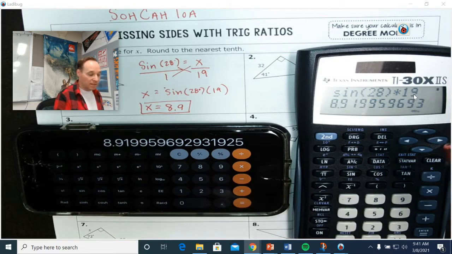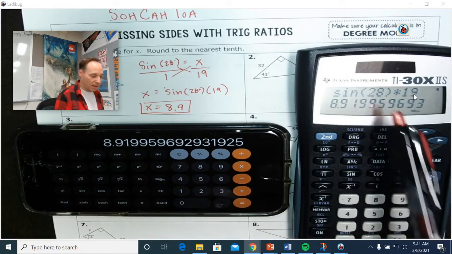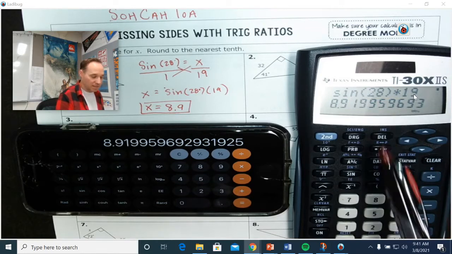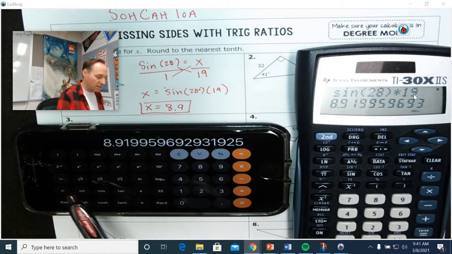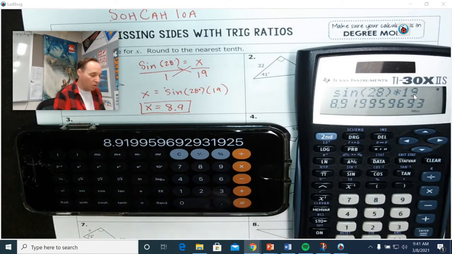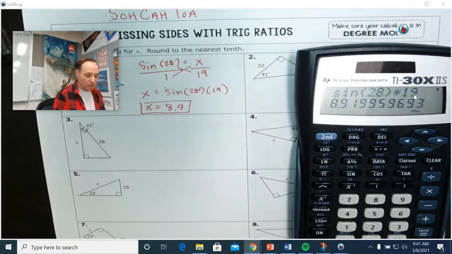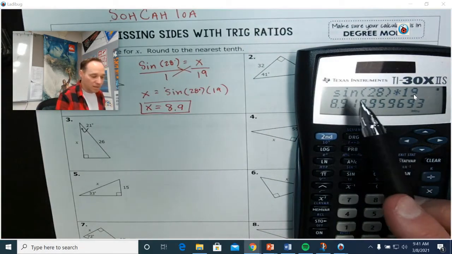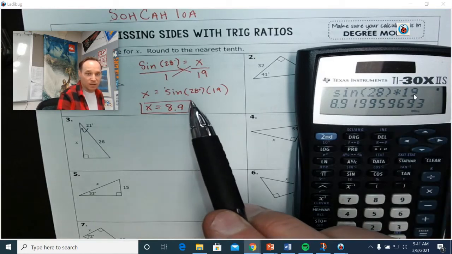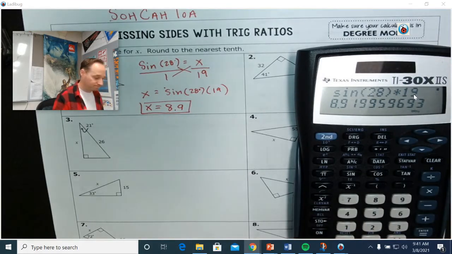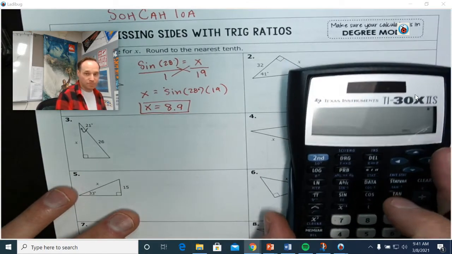So it's the exact same thing, except we just have to figure out whether we're filling in the parentheses. I actually like the calculator better because I like seeing this written out. On the phone, if you just hit the degree, then sine, it gives you the ratio for it. But all the ratios are stored in both of these. I'm going to be using my calculator because I like to show this. Sine of 28 times 19 is exactly what I had here when I solved my proportion. This is how we get it done. Cool, let's do another one. Let's do number 2.